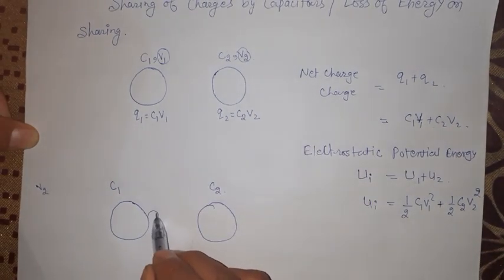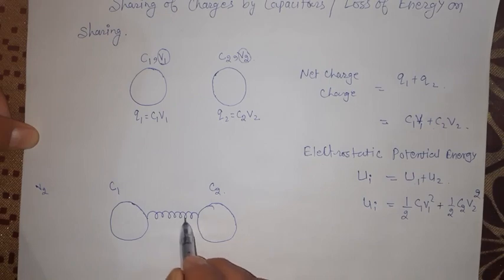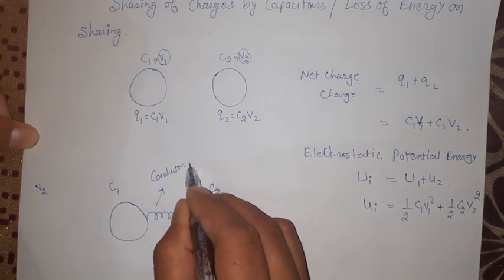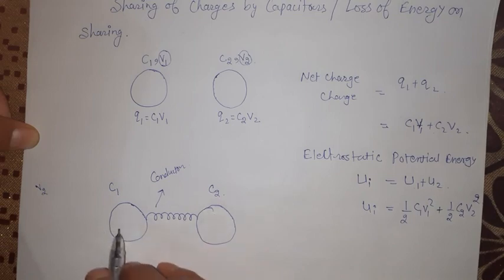If I connect both capacitors together with the help of a wire, a conductor, what will happen? The charge will start to flow from high potential to lower potential.